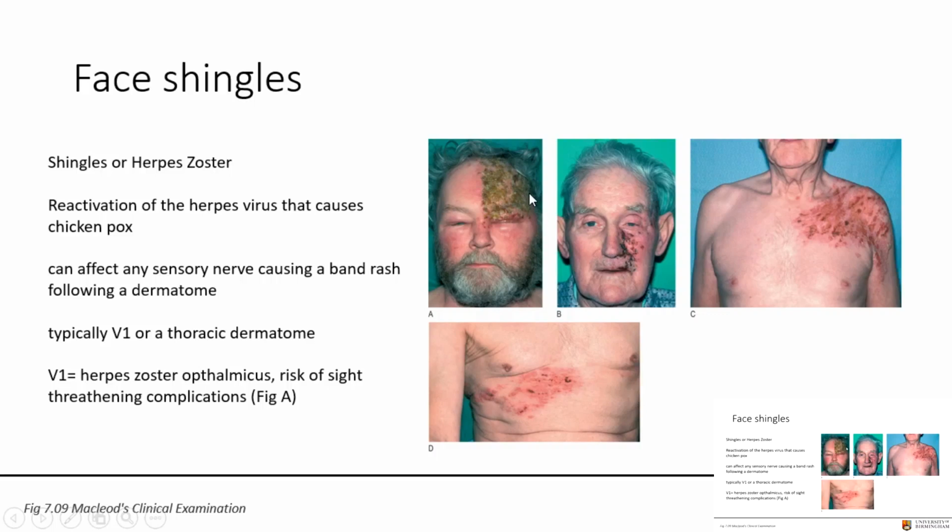In severe cases, it can have a risk to sight, and patients can also get it with V2 and V3, and if they do, it's also uncomfortable because it will affect the mucosa as well. So oral mucosa, nasal mucosa could be affected.